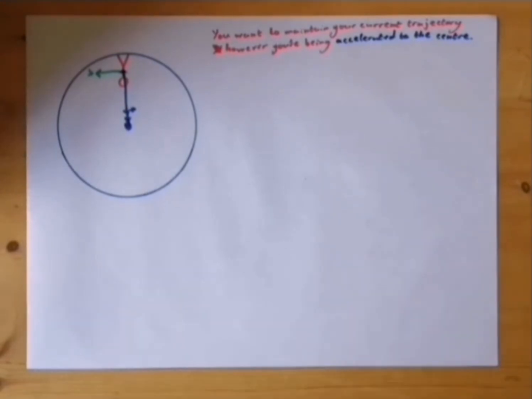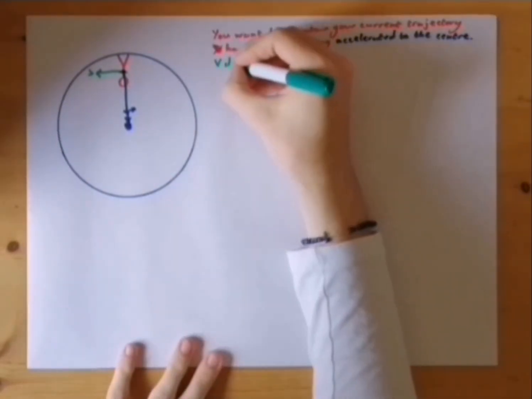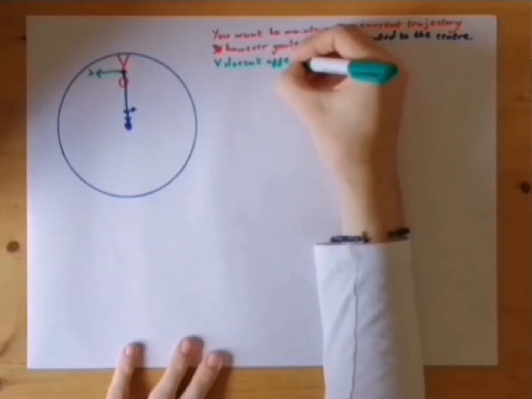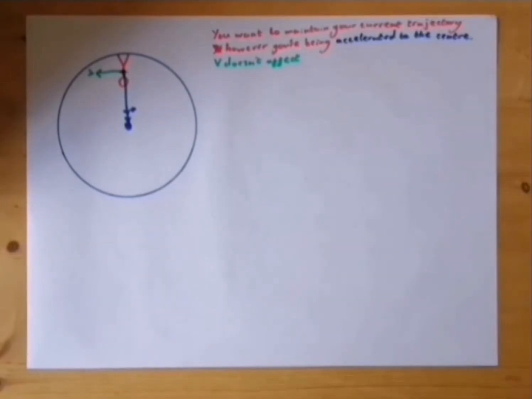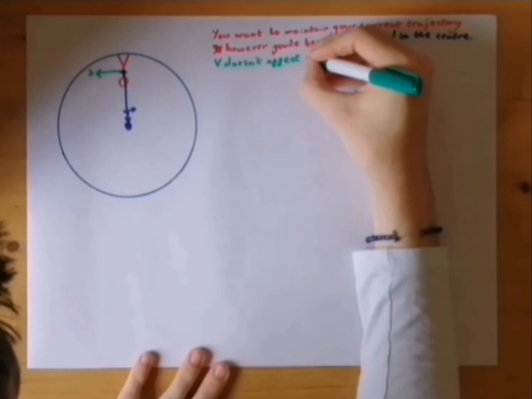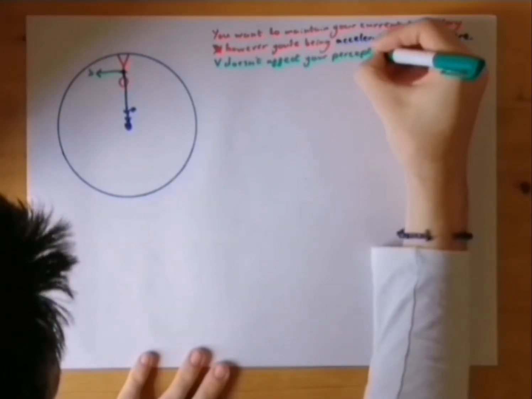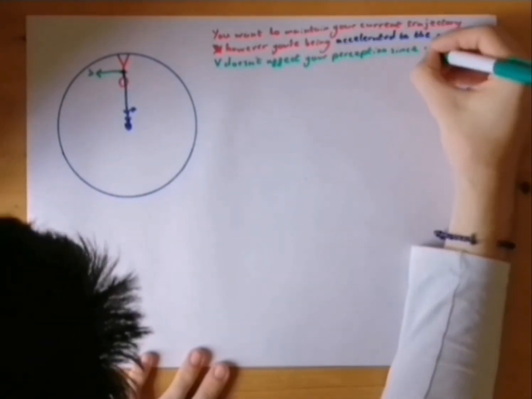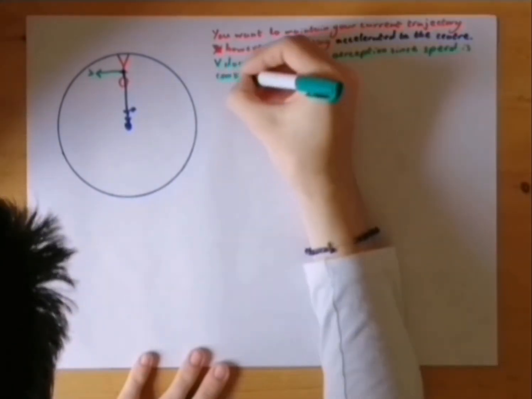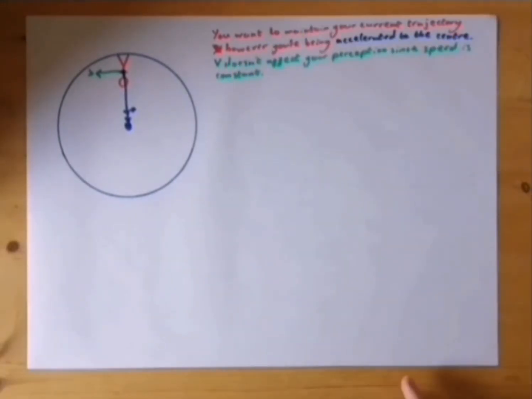And since in this case speed is constant, the speed doesn't affect how you feel. Since all you feel is the acceleration towards the centre, you're being pulled towards the centre because you're speeding up.